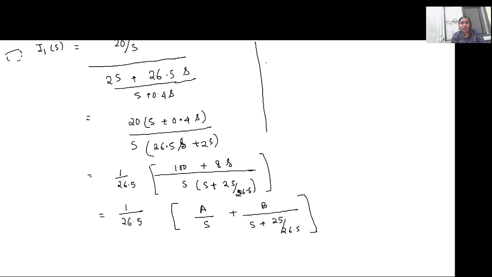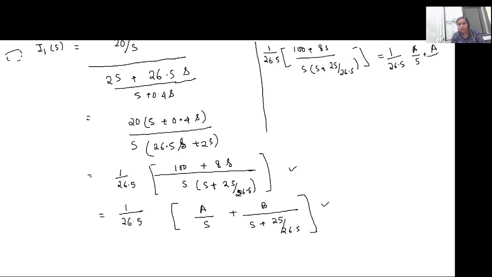So what we will be doing is equating this and trying to find a and b. So it is 1 by 26.5 into (100 plus 8s) by s into (s plus 25 by 26.5), which is now written in terms of 1 by 26.5 into a by s plus b by (s plus 25 by 26.5).